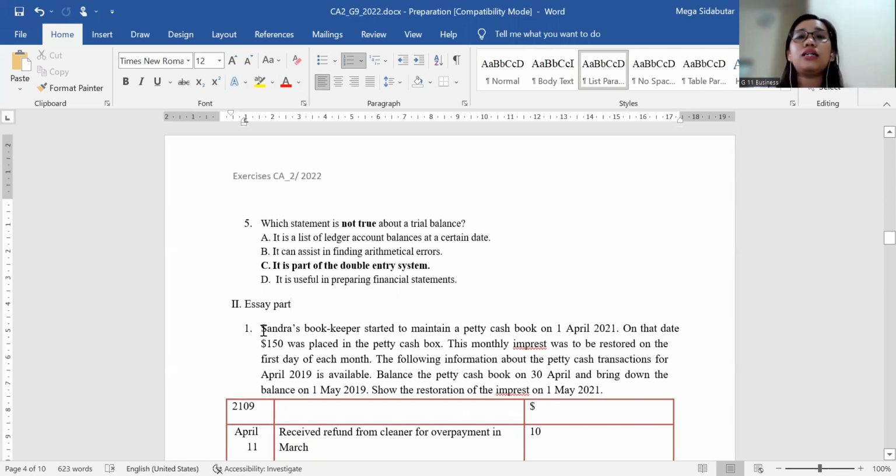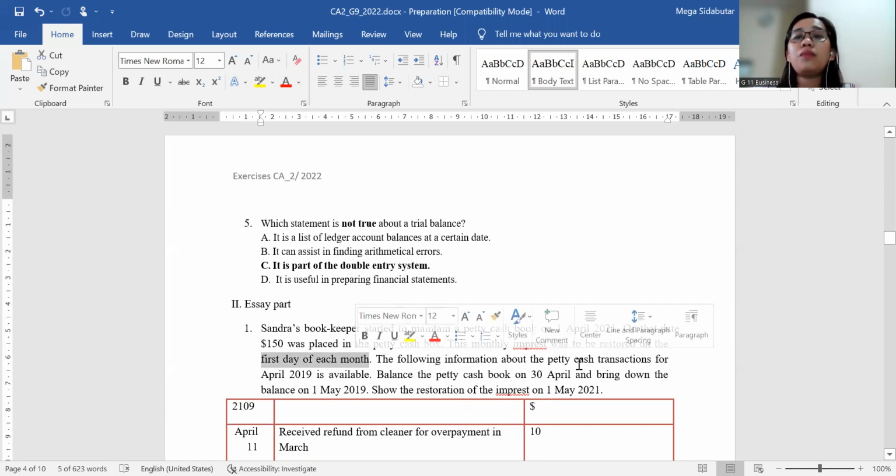Number 1, for the SI part. Sandra Bookkeeping starts to maintain a petty cash book on 1st April 2021. On that day, 150 was placed in the petty cash box. The monthly imprest was to be restored on the first day of each month.